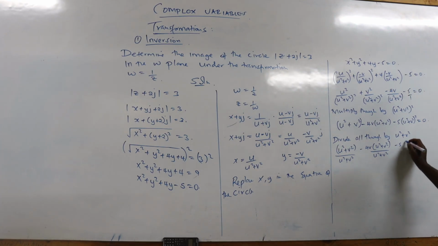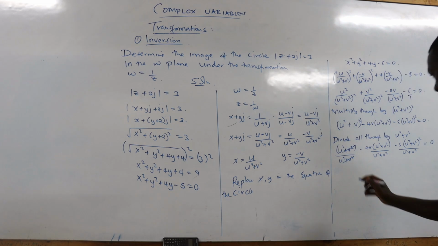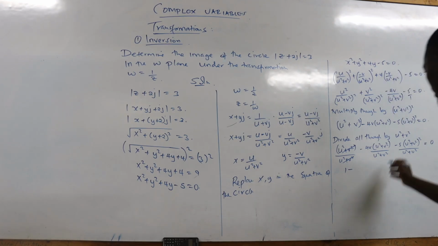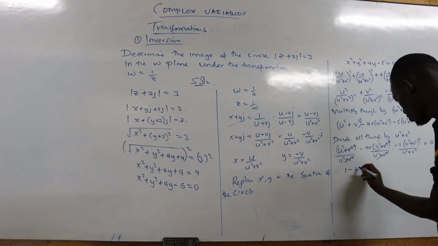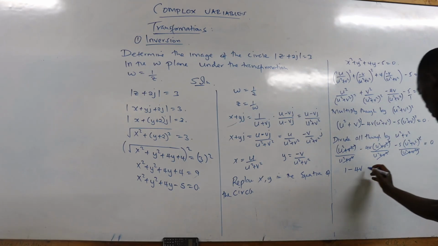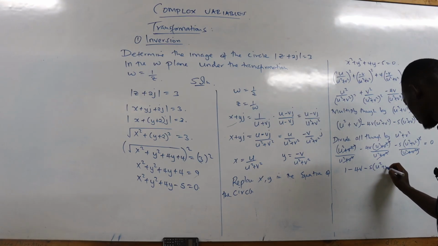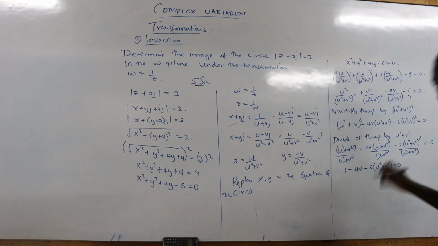Then you come to minus 5, again divide it v squared into bracket squared, divide it by u squared plus v squared, then equals to 0. 0 divided by any term just becomes 0. So we notice this term and this term cancels. We remain with what? 1 minus this term and this term cancels for v. Now you have one of it here and we have a square, so 1 cancels with that. So you have negative 5, then u squared plus v squared equals to 0.